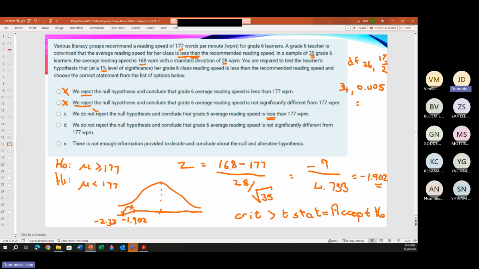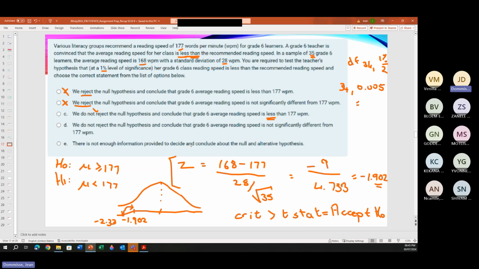For the T stat, we still use this, so that's not going to change. We just test against a different critical value, but that's just going to be even higher. So it's actually not going to make a difference in this one which one we're going to test against.